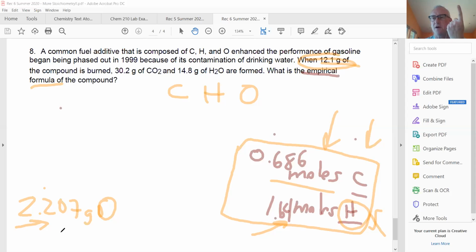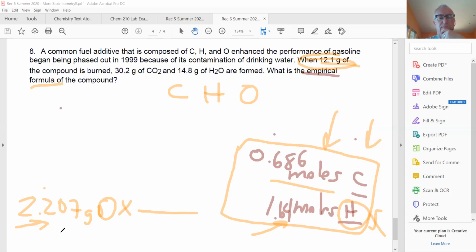What am I going to do with the grams of oxygen? I've got moles of carbon, moles of hydrogen, but a mass of oxygen. Multiply by molar mass to get rid of grams. Molar mass of what?